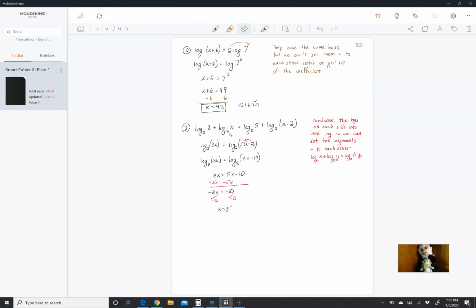So we're going to say 5 is greater than 0. This is your check for extraneous solutions. If you don't put this, I don't know that you knew to check for this. And then we have to plug it into this argument too. Every argument must be positive. 5 minus 2 is also greater than 0. So this is a solution.